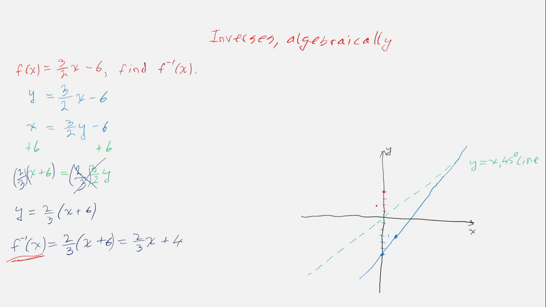So we know the function is going to go through that. And then the slope is 2 over 3, so 2 up, and then 3 over, 1, 2, 3 over. So the function is going to go somewhere this way, right? Oops. I didn't do the best job here.